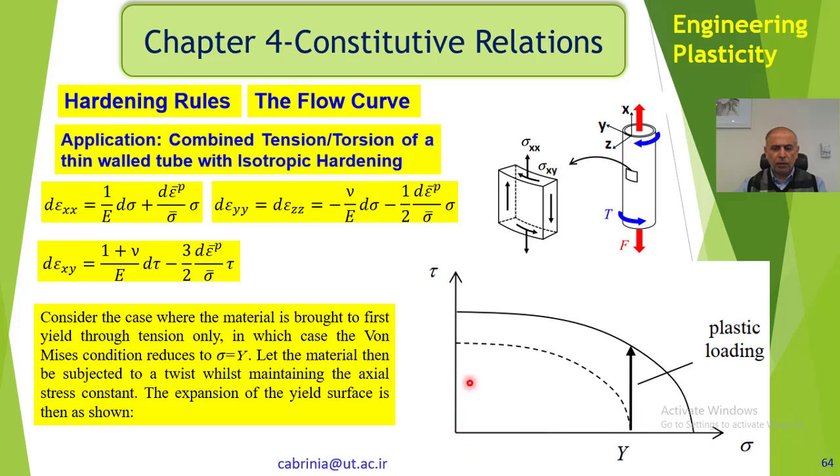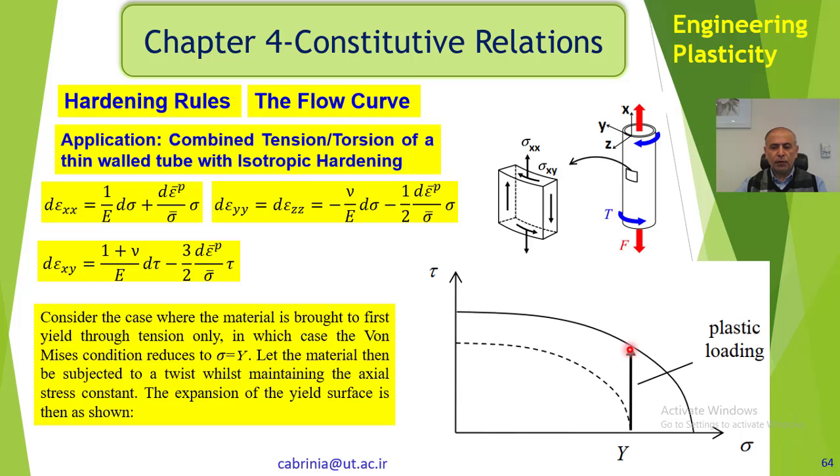We haven't put any loading in that direction, just in the axial sigma direction. So we have increased the loading until we reached Y, where it has yielded, and then we have stopped increasing sigma. So we have stopped at this value, sigma equal to Y, and started to increase tau.